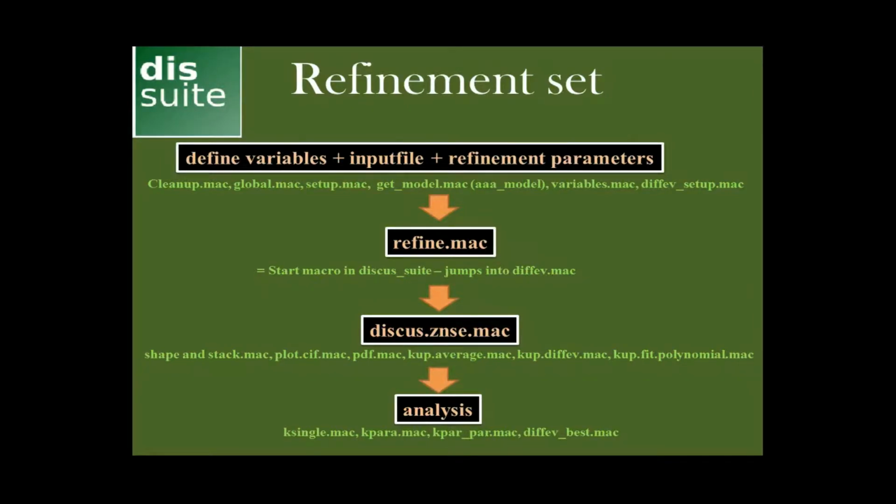Then you can start the refine.mac, which is the main macro. It will trigger all the other macros in the folder, and also the discus.zinc selenide macro, which is the main macro which will cover the shape of the particles, the porosity or surface modifications you want to insert here.